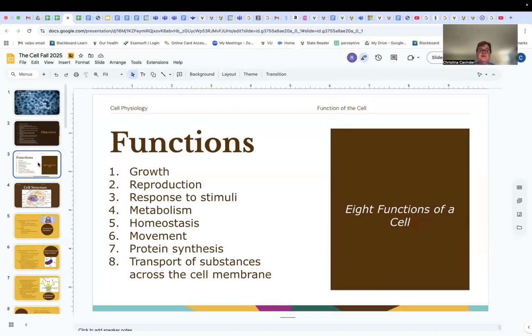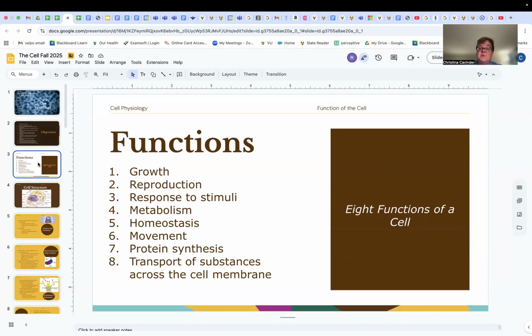So we're going to start with the functions of the cell. The cells have 8 functions. Now, they don't all have the same functions. Some of them are a little different, but they should have one or more of these 8 functions. The first one is growth. So if you have tissue growth, that's cells dividing, expanding, those kinds of things.